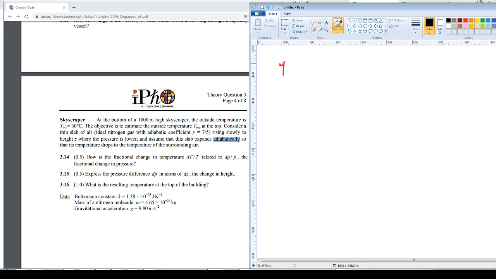So the keyword is the adiabatic process, for which we know PV^gamma is a constant. But in this case, we want to relate T and P, so we'll use the ideal gas law to get rid of volume.